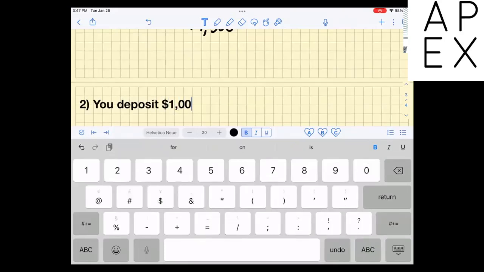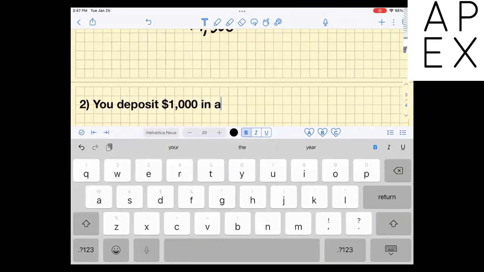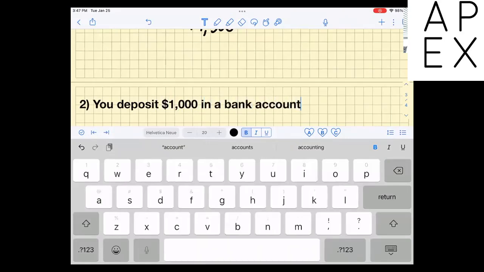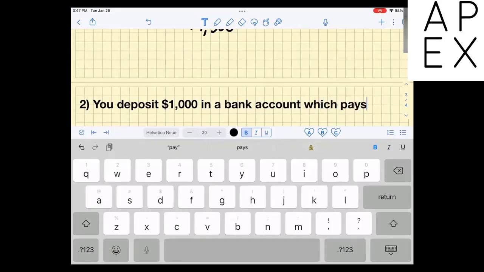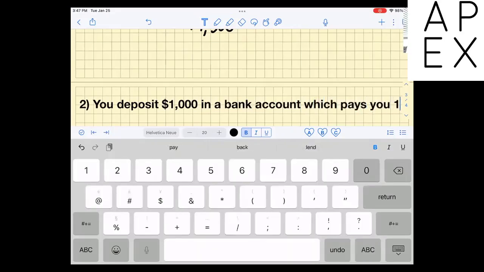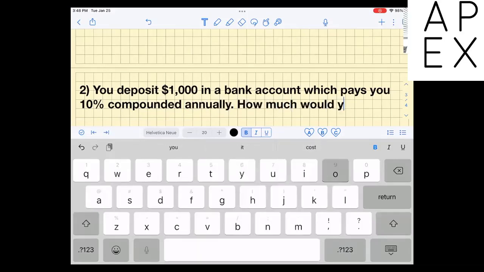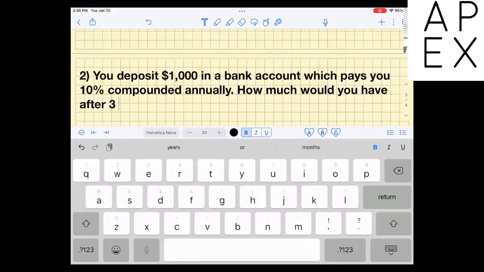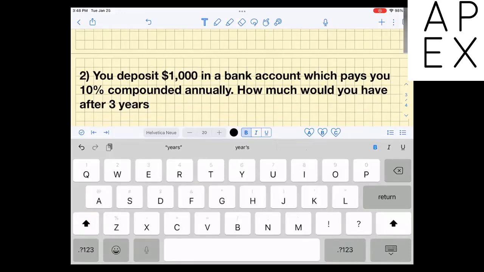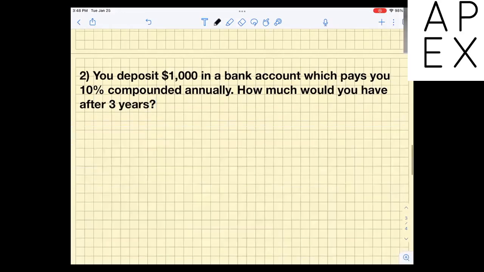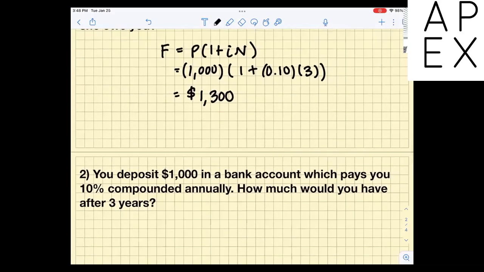Let's say you deposit $1,000 in a bank account, which pays you 10% compound annually. How much would you have after 3 years?